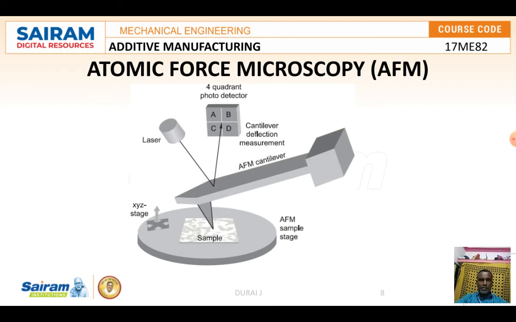The tip and cantilever are typically microfabricated from silicon or silicon nitride, with a tip radius typically of tens of nanometers.